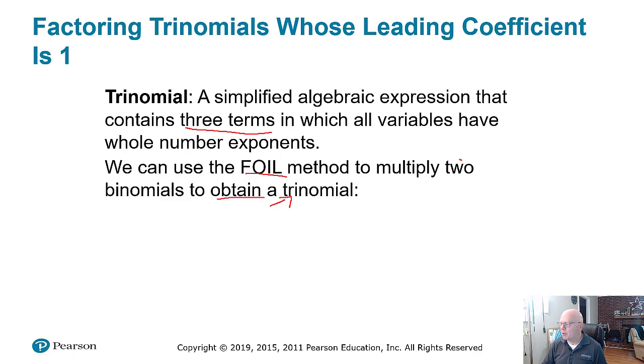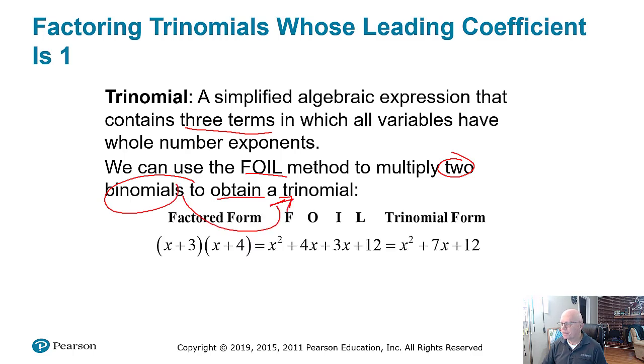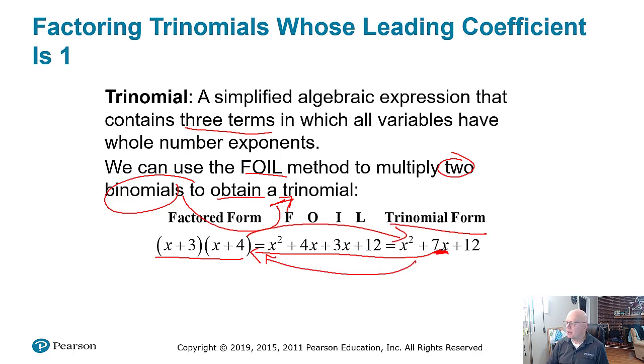So two binomials, and you end up with the trinomial. Now what we want to do quite often is not only be able to multiply them together, but also take them backwards too. Keep that in mind. Here's the trinomial form, where these two middle terms were added together, and there's the factored form. Sometimes we want to go this way, sometimes we want to go that way, depending on what we're doing.